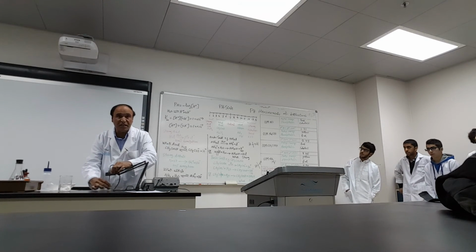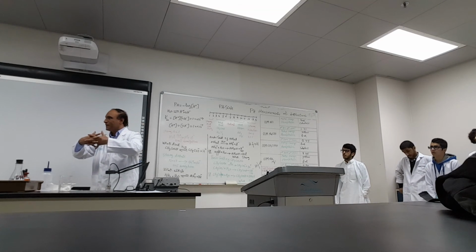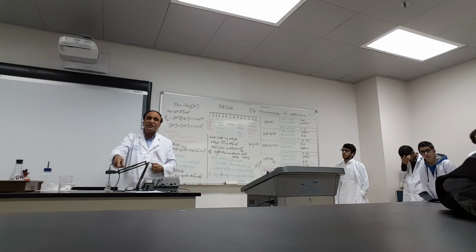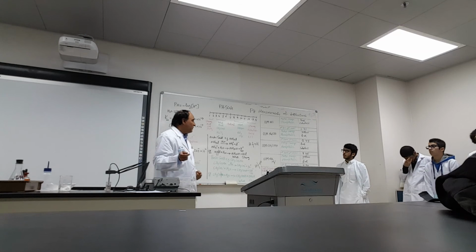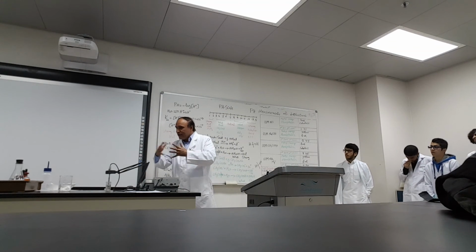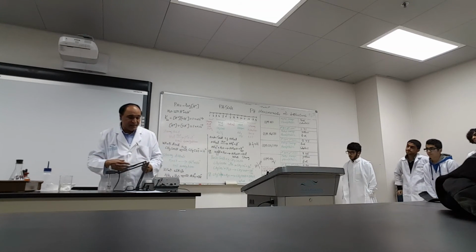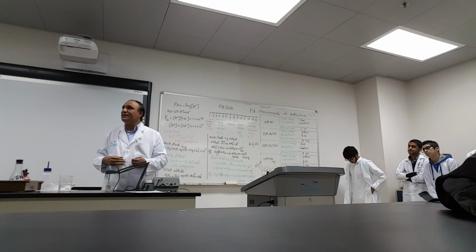What is the purpose of shaking? To increase the exchange faster. Because what is it detecting? The hydrogen ion. I am moving it a little so that the exchange could be faster. And the pH is 3.35. What does 3.35 mean?